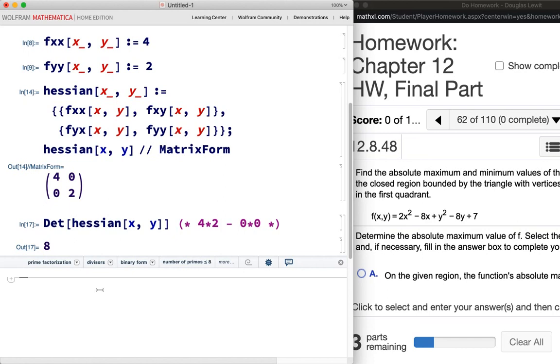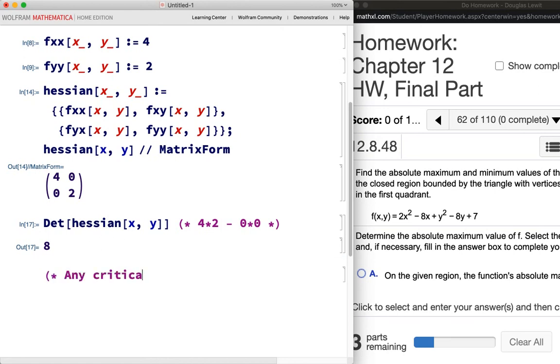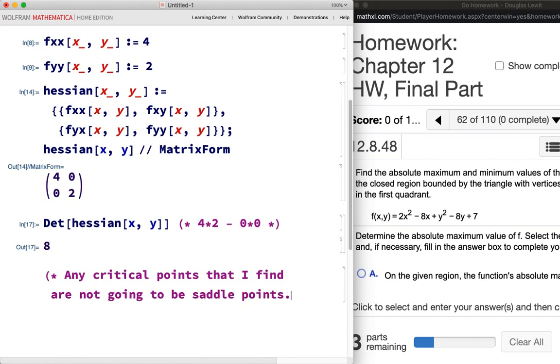Okay, so this is important. We see that the determinant of the Hessian matrix is bigger than 0. So that means that any critical points that I find are not going to be saddle points. I was thinking inflection points, but that's different. Any critical points that I find are not going to be saddle points.